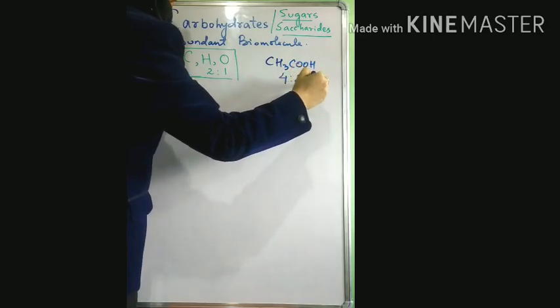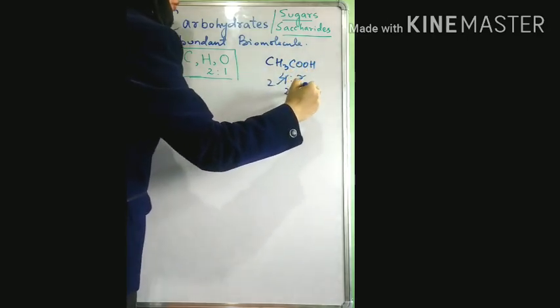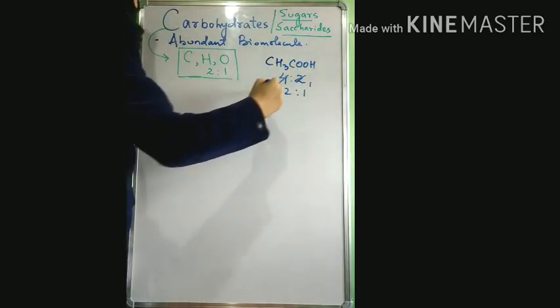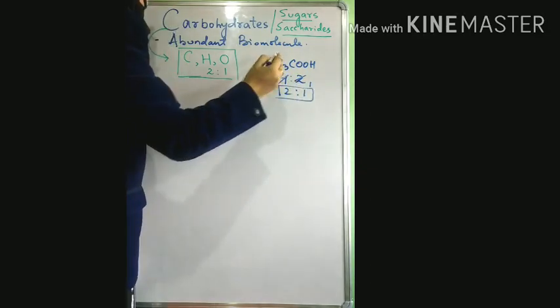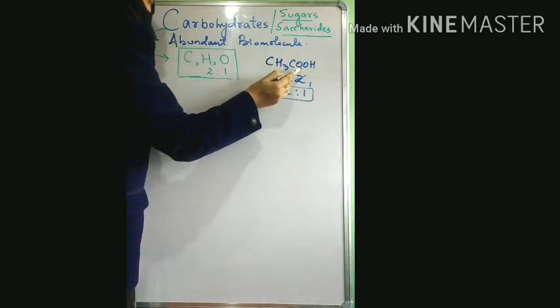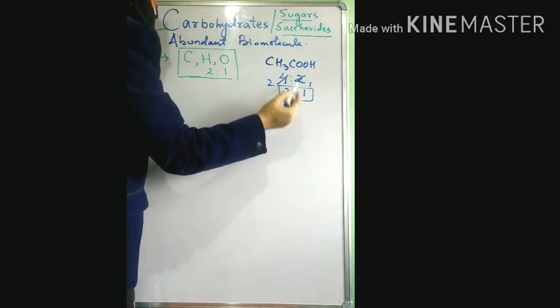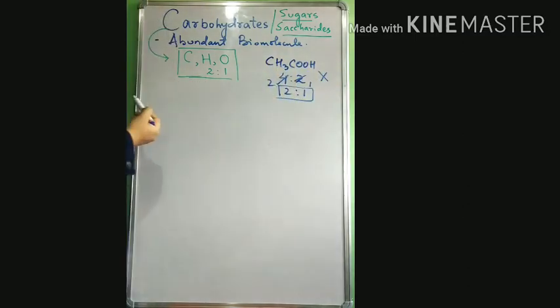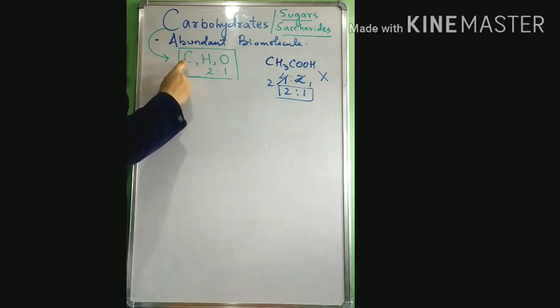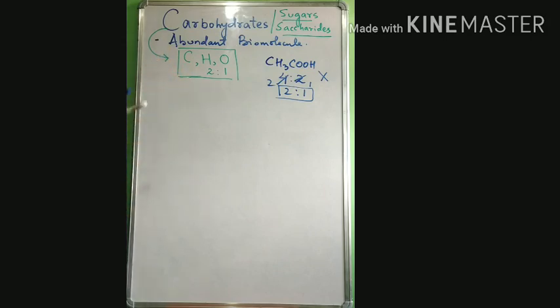It's 4:2, which is 2:1. So this is also a molecule containing carbon, hydrogen and oxygen, and the ratio between hydrogen and oxygen is 2:1. But this molecule is not a carbohydrate. It's a carboxylic acid. It means this is not a strong way of defining carbohydrates.